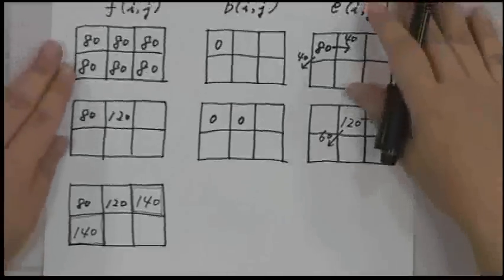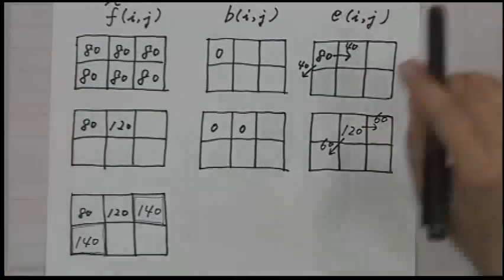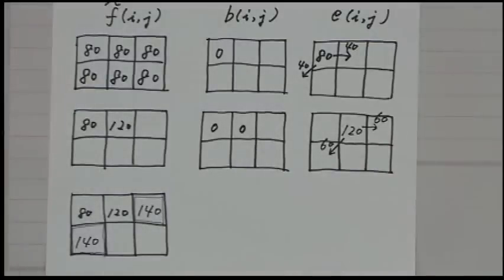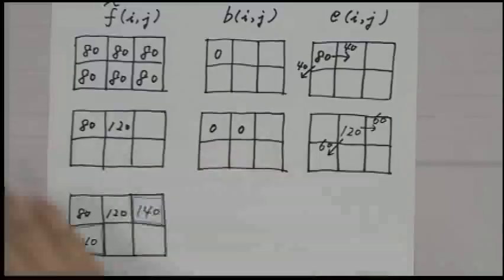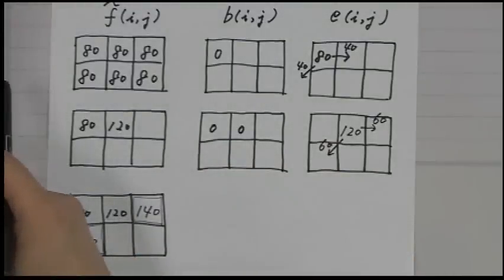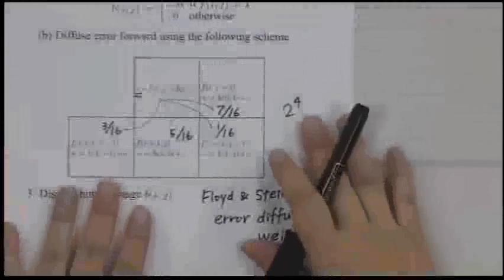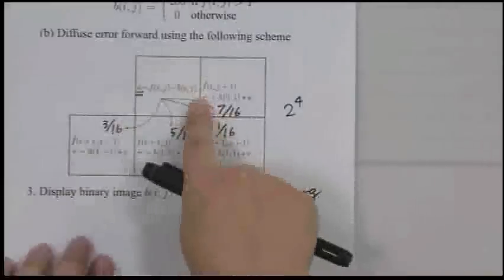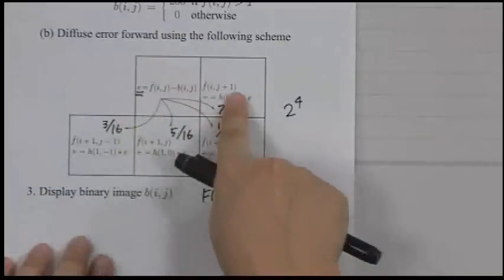Okay, now we understood how to implement it. But actually, there are two different points of view for the error diffusion. I said I binarize this pixel, and then I said I want to spread the error to neighbors.